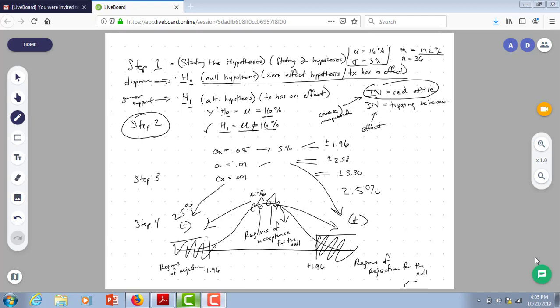Now, remember, if you're dealing with a two-tailed test, you're taking that 1% and breaking it up into two tails. So you'll have 0.005 right here, and 0.005 right here. Plus 2.58 would be your boundary marker up here, and negative 2.58 would be your boundary marker down here.